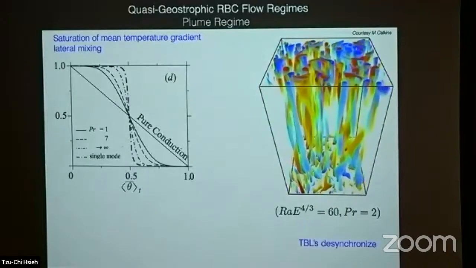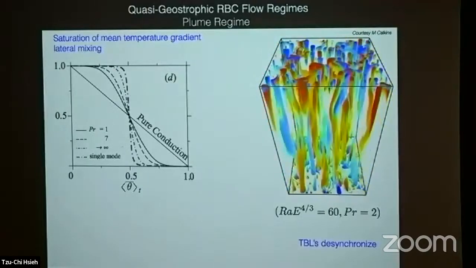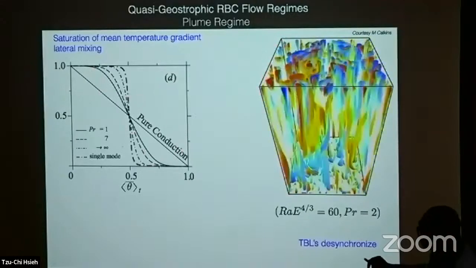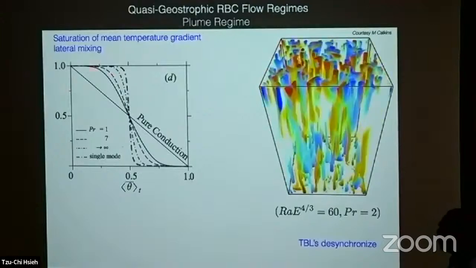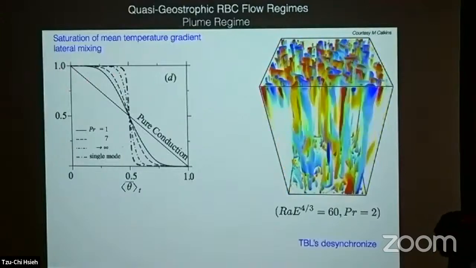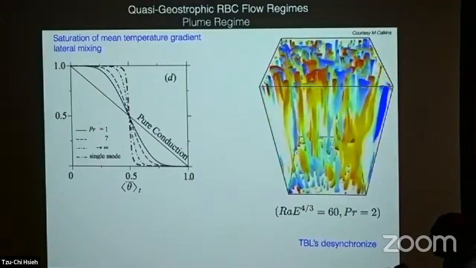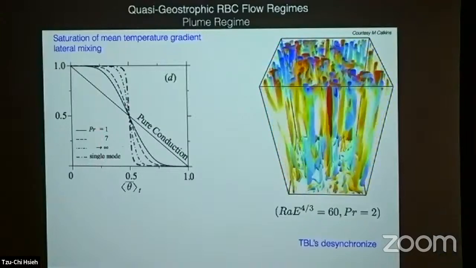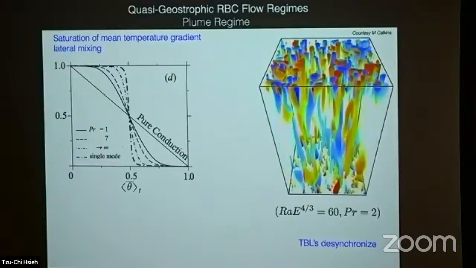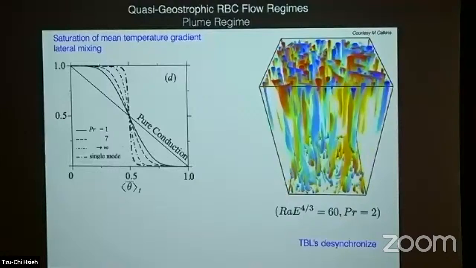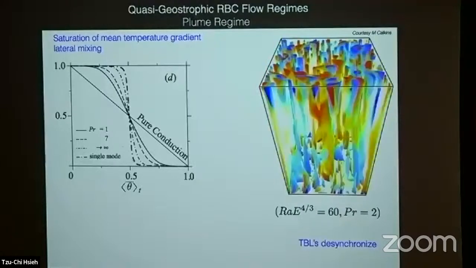One of the things we notice, if you're looking at the mean temperature profile, is that rather than approaching an isothermal limit, and we've got this for different Prandtl numbers, as you increase the Rayleigh number the fluid doesn't mix completely, okay? It grows and it maintains an unstable temperature gradient.